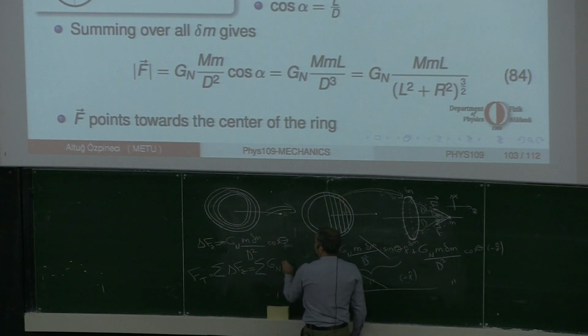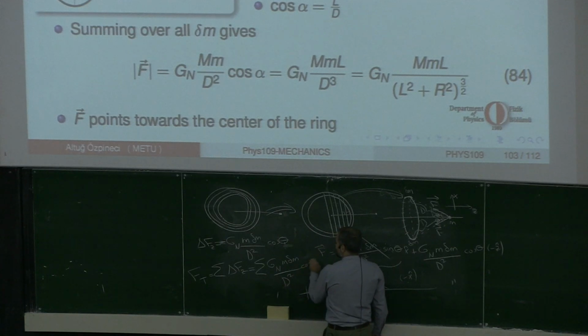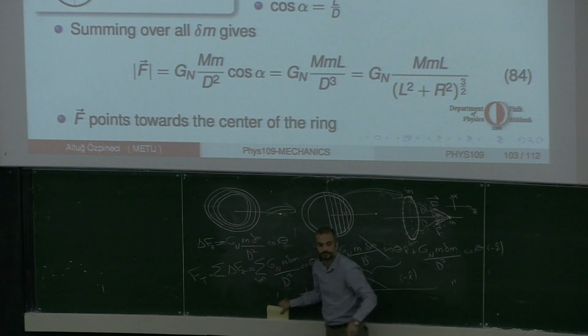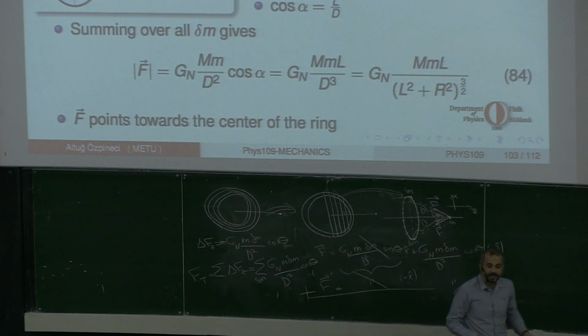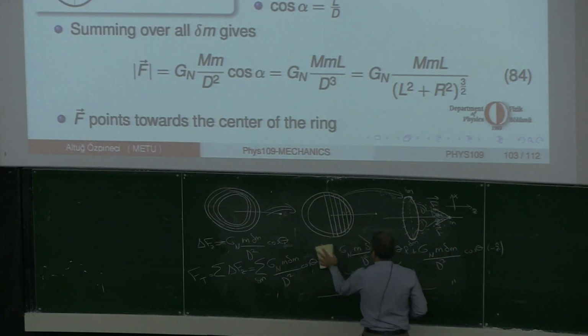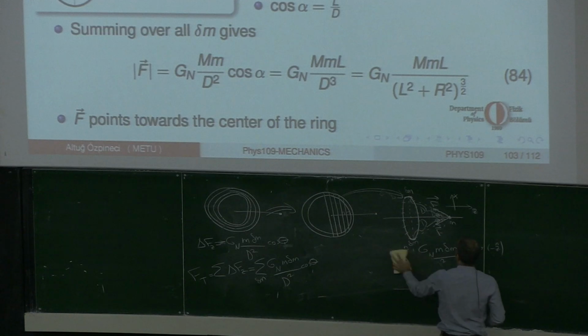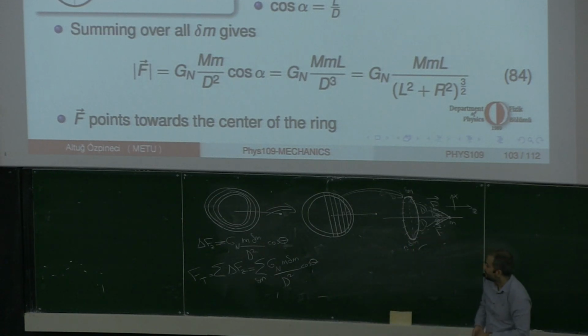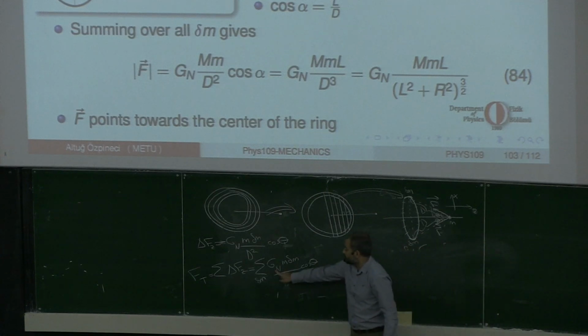G M delta m over d squared times cosine theta. I'm summing over all these very small masses. Remember, I had this ring. I divided it into very small arcs. Each arc has a mass delta m. Now, G is just a constant.